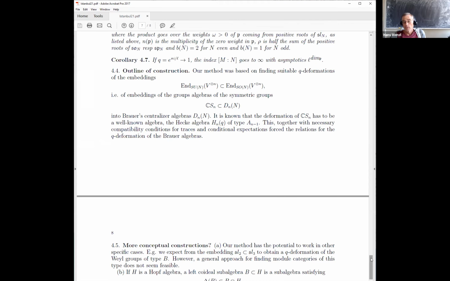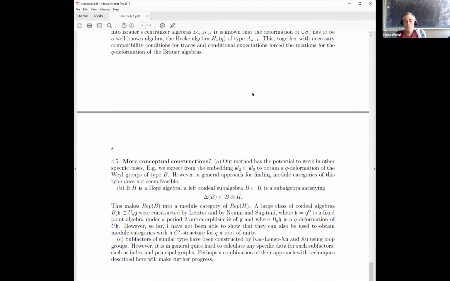And then it basically boils down to linear algebra, combinatorics, algebra. So, all right, this is a rather tedious construction. So it would be nice to have more conceptual constructions. You know, this method, which I think has the potential to work in other specific cases.